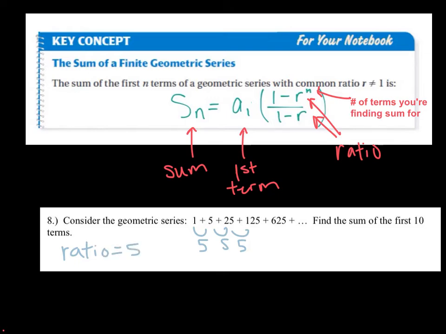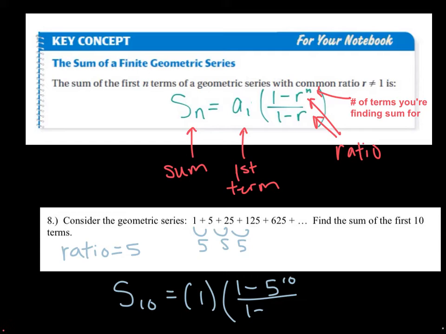So I'll write this as the sum of the first 10 terms equals your first term, which in this case is 1, times 1 minus your ratio to the nth power. How many terms are we finding? 10. So 5 to the 10th power over 1 minus your ratio, which is 5.